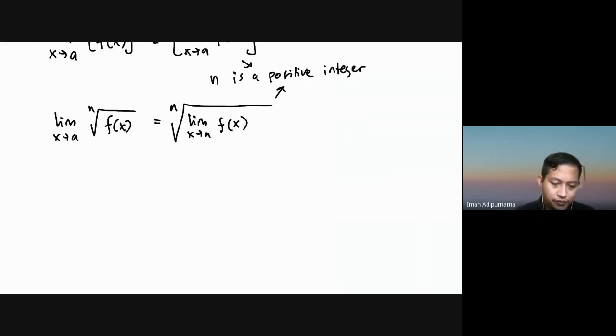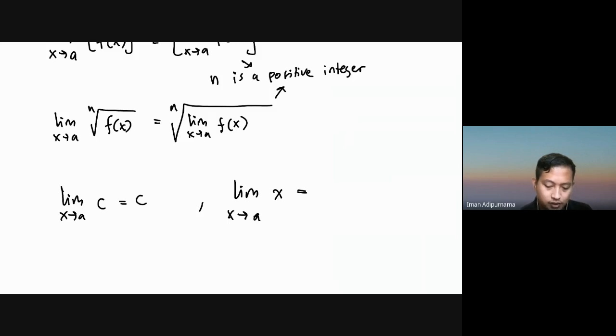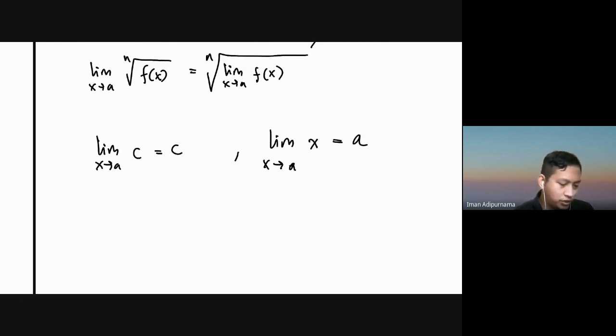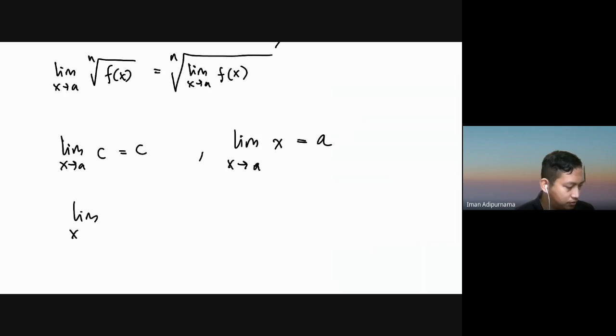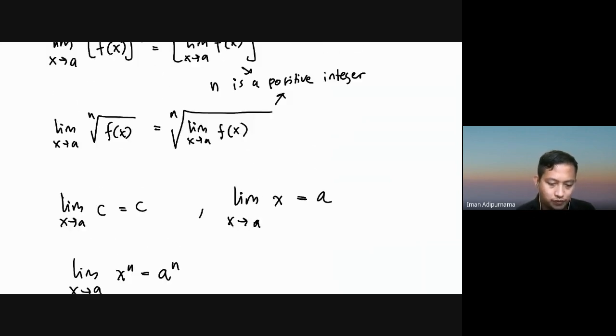And if you have the limit as x approaches a of a constant, it's still a constant, not really a big deal, right? And the limit as x approaches a of x is equal to a. And then we also have the limit, because of what we have done here.